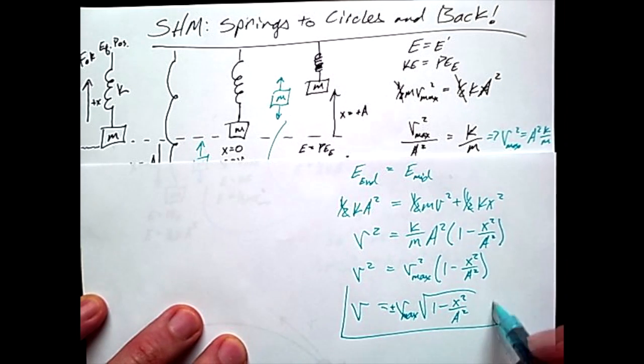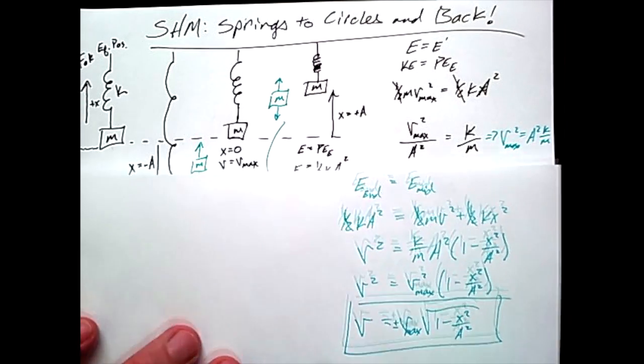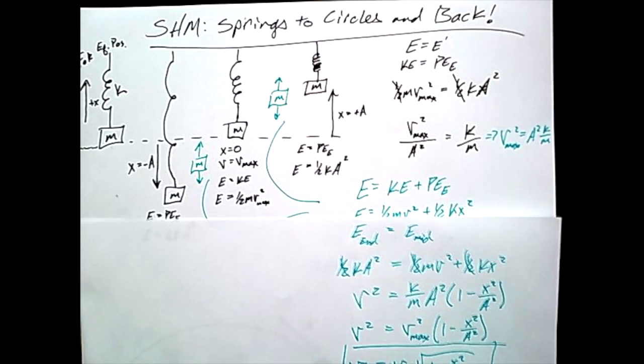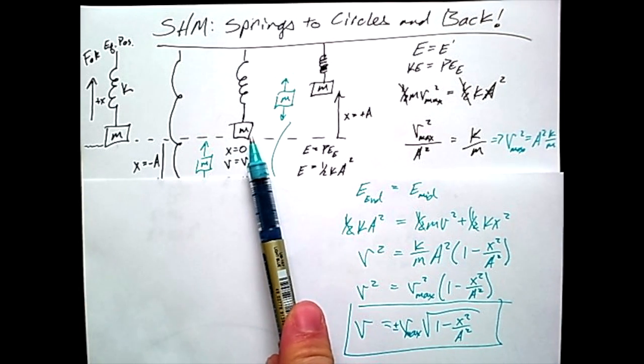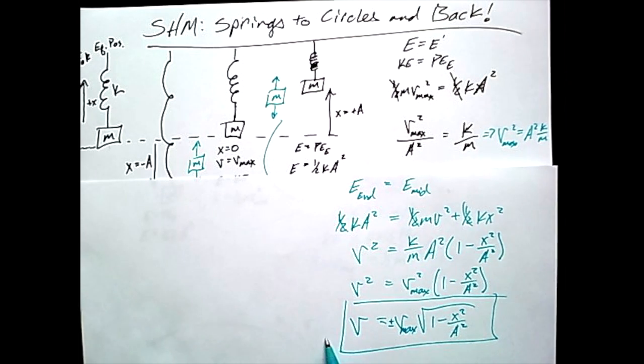This formula describes the motion of the oscillating mass in terms of its quantitative velocity, with a positive or a negative sign, based on its maximum speed at the equilibrium position and where it is in the oscillation. In other words, this formula describes the motion in terms of position and maximum speed.